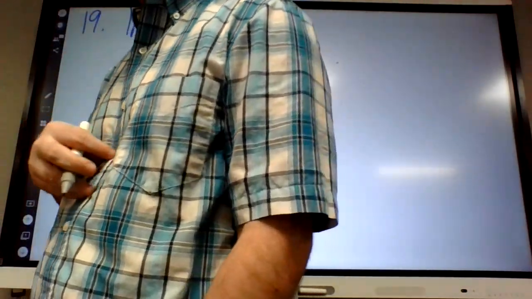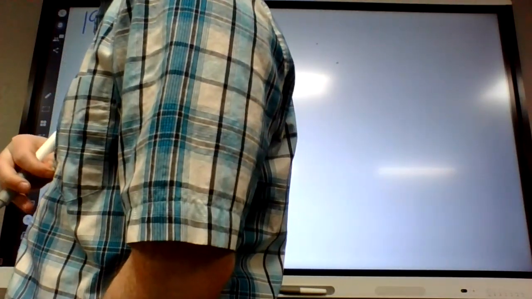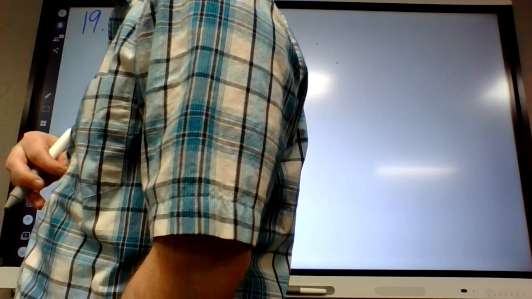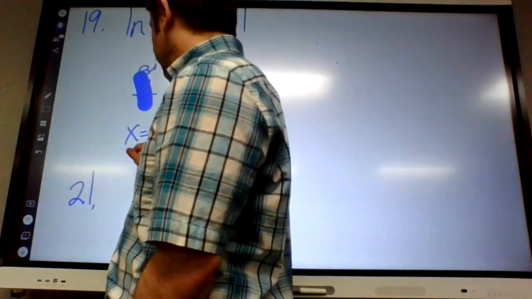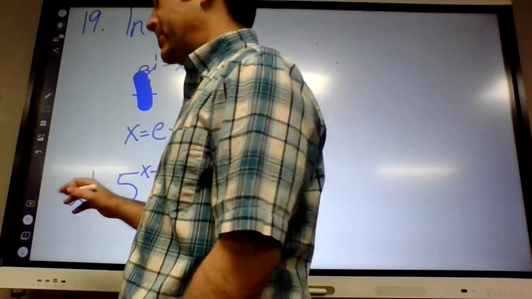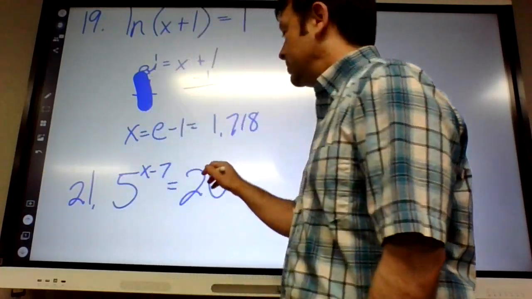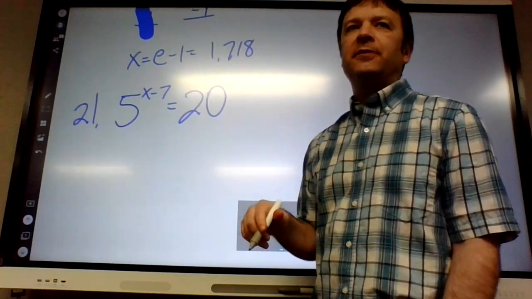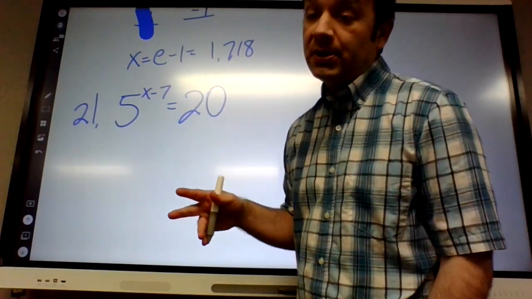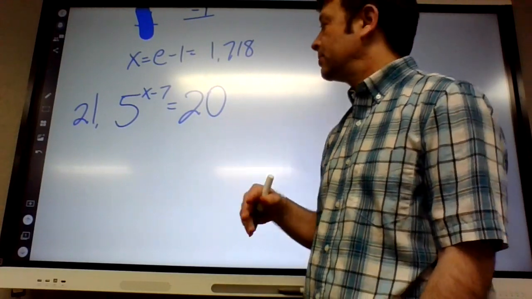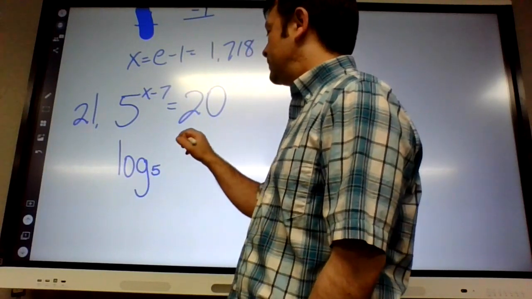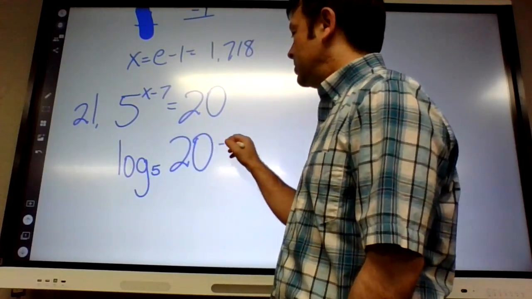Number 21. Is that back to the log stuff? They do want us to use natural logs, but again, I kind of don't see the point of doing that, so let's just solve it normally. We're rounding to the thousandth again. So log base 5 of 20, plus 7, equals x.